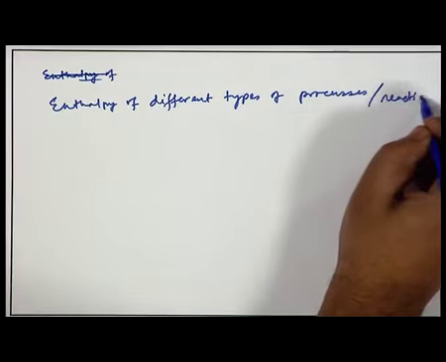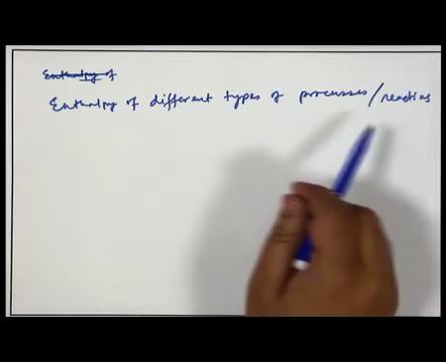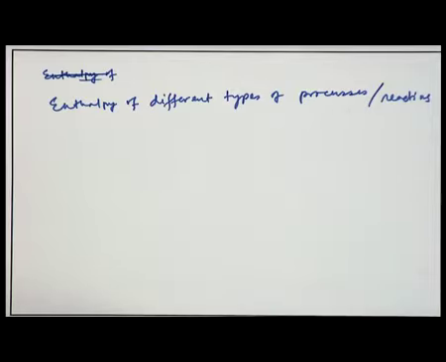That is where we will start, and one of the examples would be the combustion reaction we just talked about. So, we will stop now, and we will start with the standard enthalpy of different types of processes in the next class.